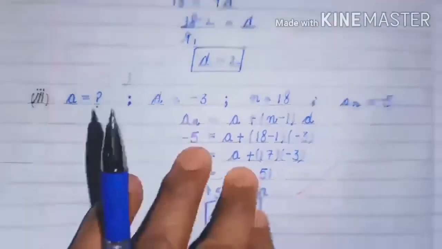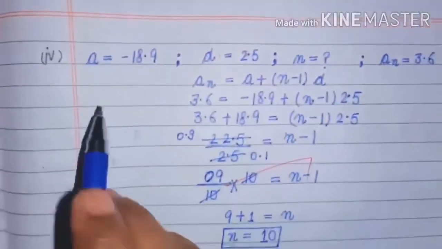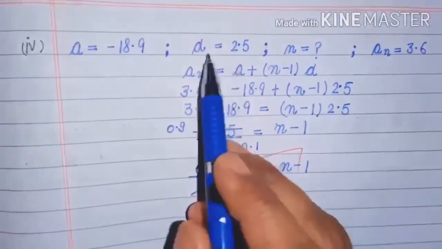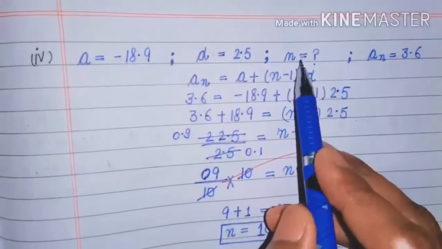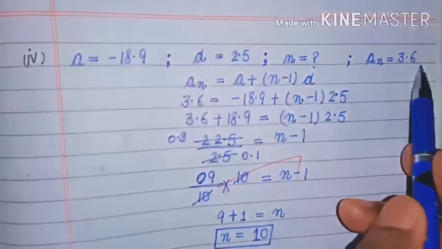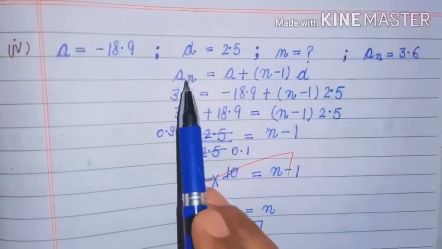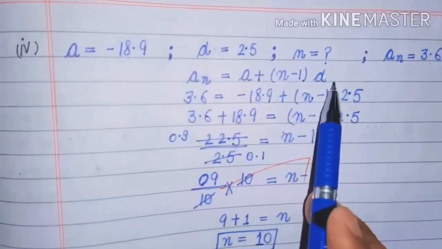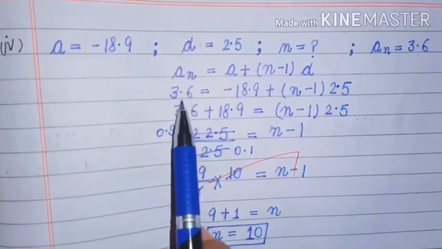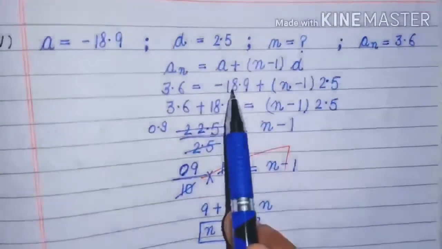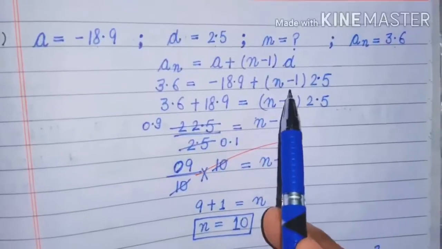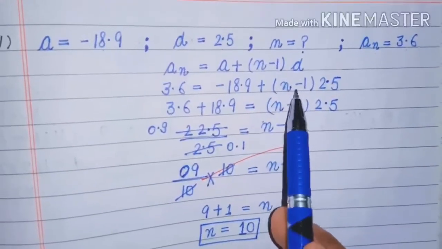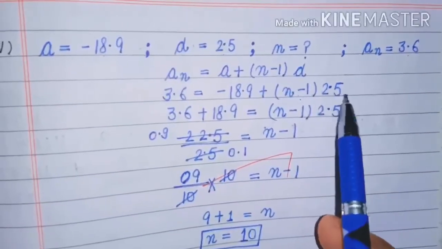Next part is, in that part a is minus 18.9, d is 2.5, n is missing here, and an is 3.6. Again we will use the formula, an is equal to a plus n minus 1 into d. We will put the values. An is 3.6, a is minus 18.9, and n we have to find, so n we will write as it is, n minus 1, and d is 2.5.